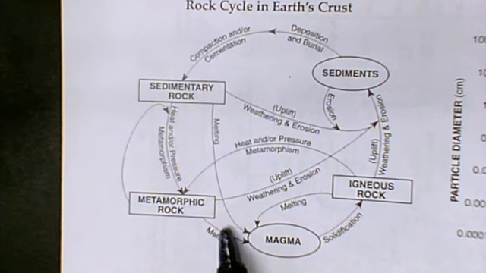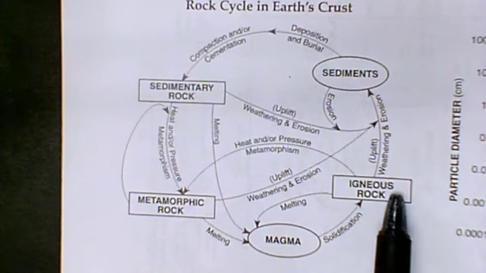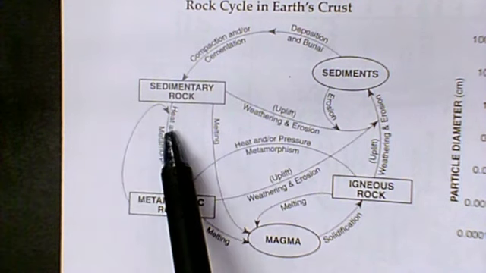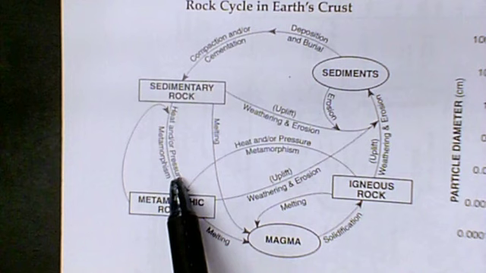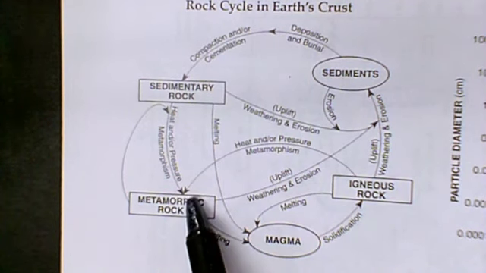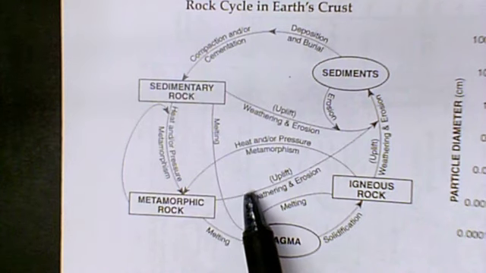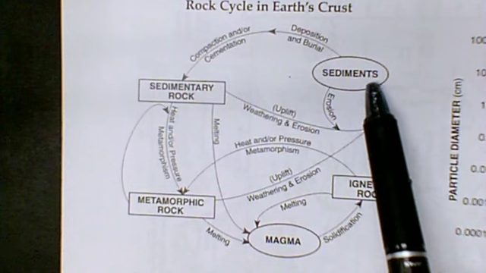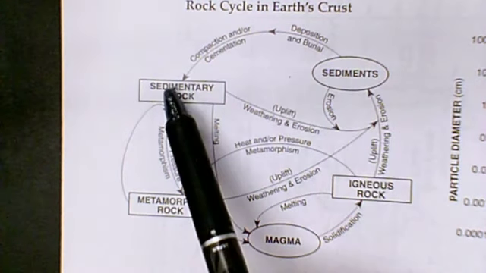Metamorphic rock can melt, become magma, solidify, and become igneous rock. It can also undergo more heat and or pressure and become a different type of metamorphic rock. It can undergo weathering and erosion and become sediments and then become sedimentary rock.